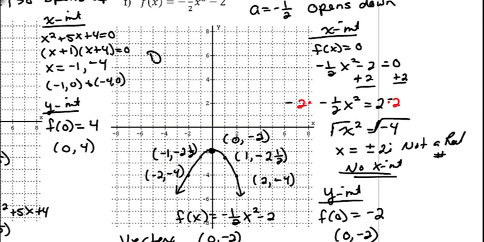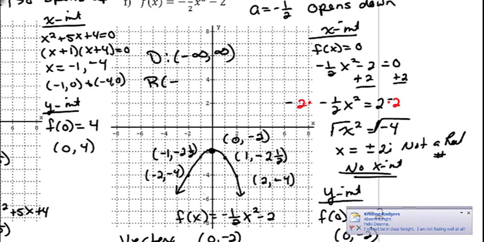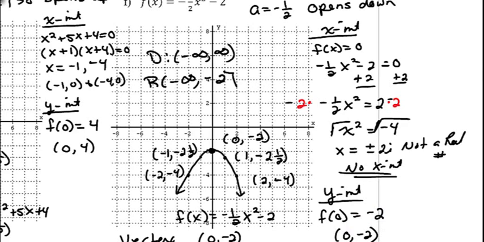Okay, and then we need our domain, negative infinity to infinity, and our range. So again, this one's opening down, so it's from negative infinity up to the y-coordinate of the vertex, which is negative 2, and you use a square bracket.